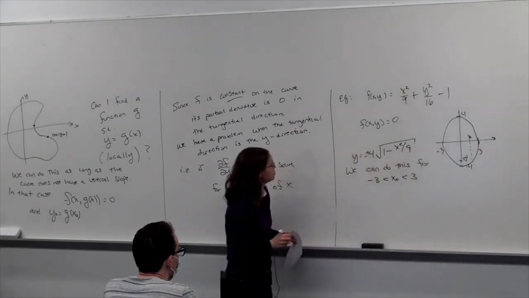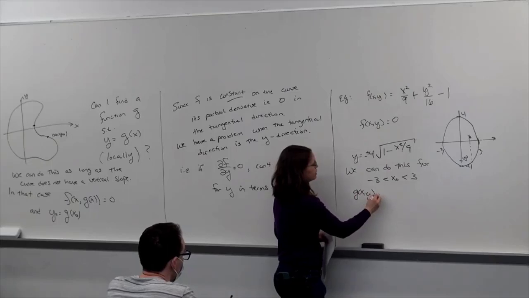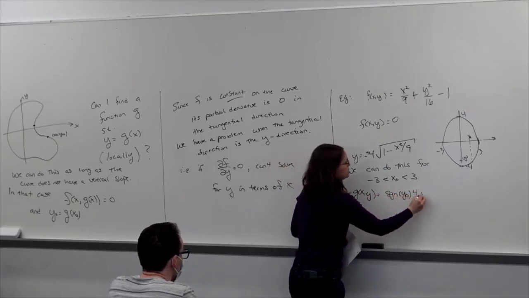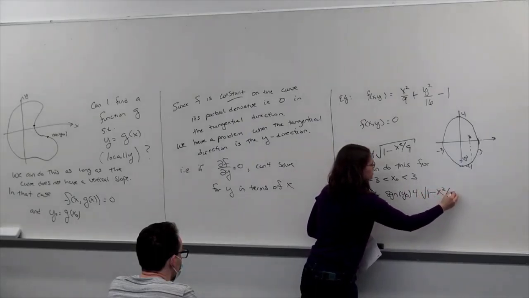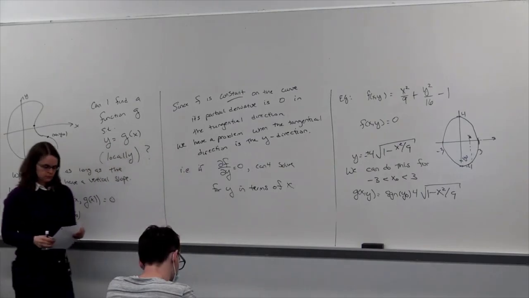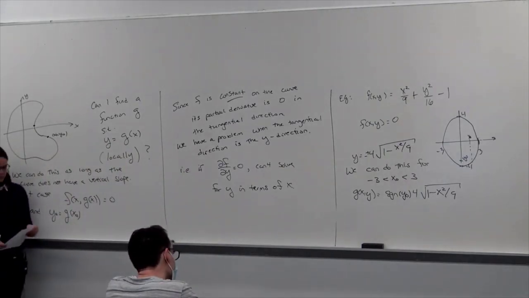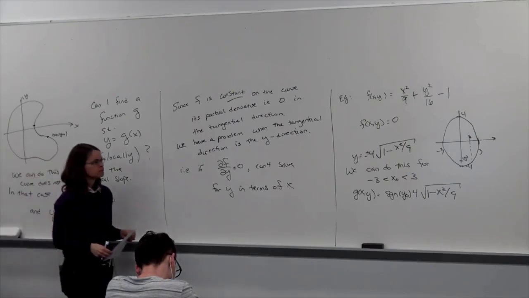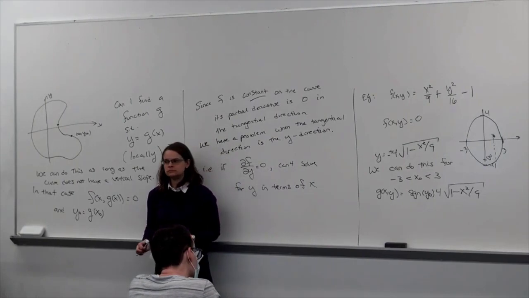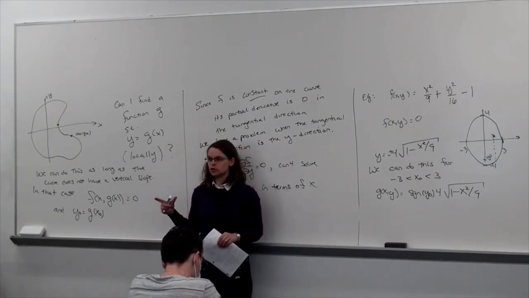Okay, so in this case, g of x is going to be the sign of y naught times 4 root 1 minus x squared over 9. Now this is not valid globally.